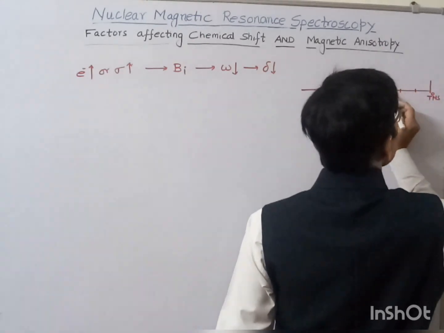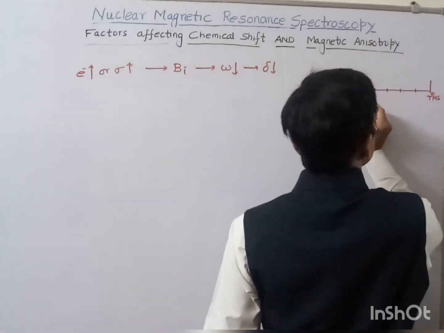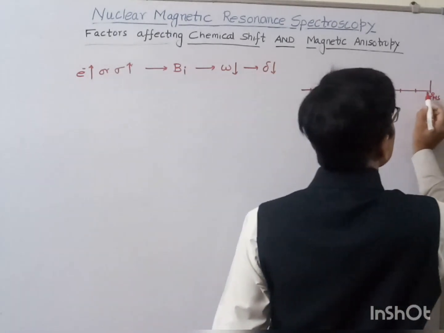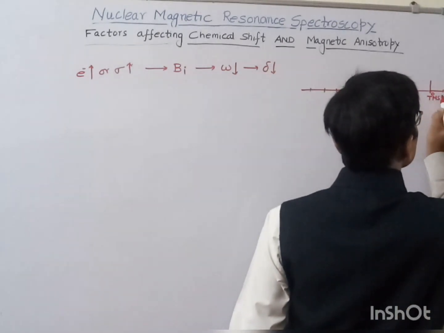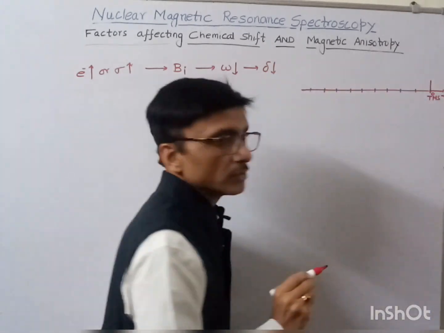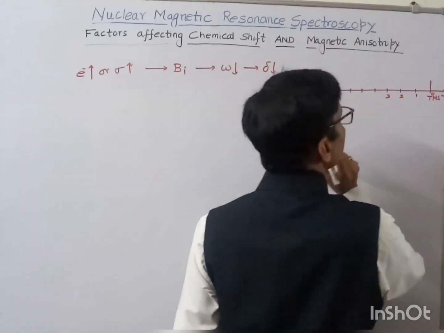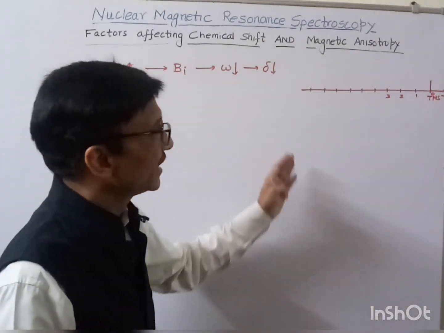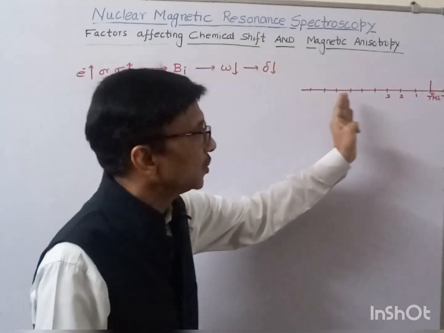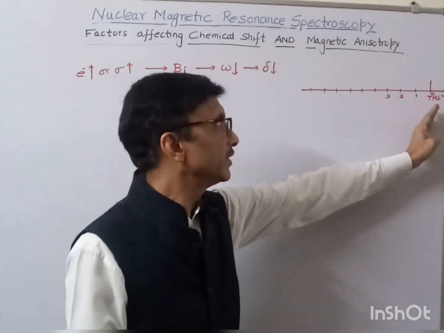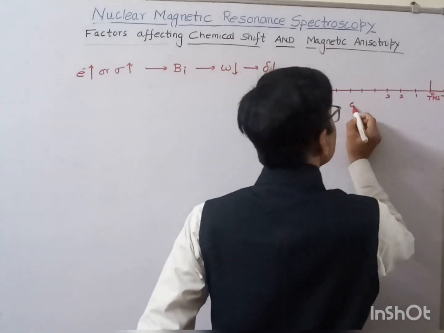Other signals come at 1, 2, 3, 4, 5, 6 and so on, and signals may also go to the minus scale. The value at the right corner is the lower delta value, and this is the higher delta value.